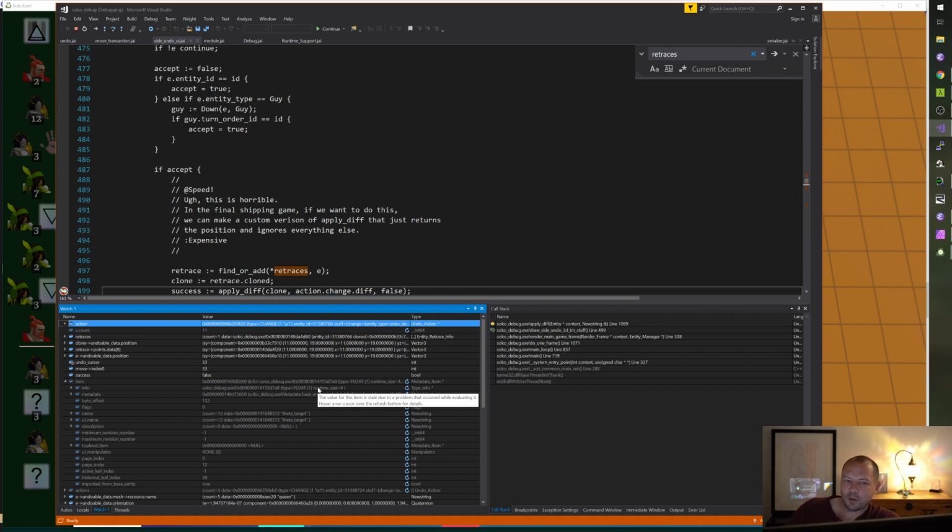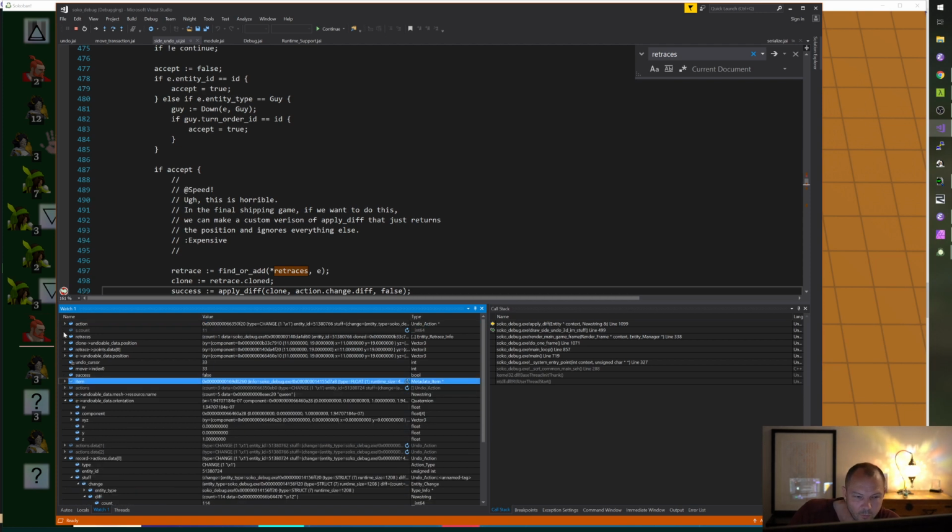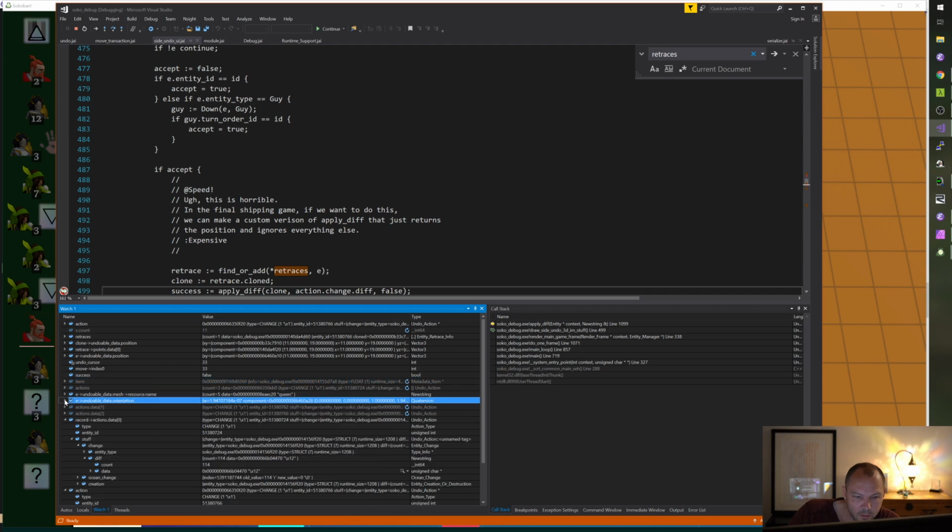This is happening. Okay, my code is confused by... It took me this long to figure it out. The ID stored in the thing is the wrong ID.